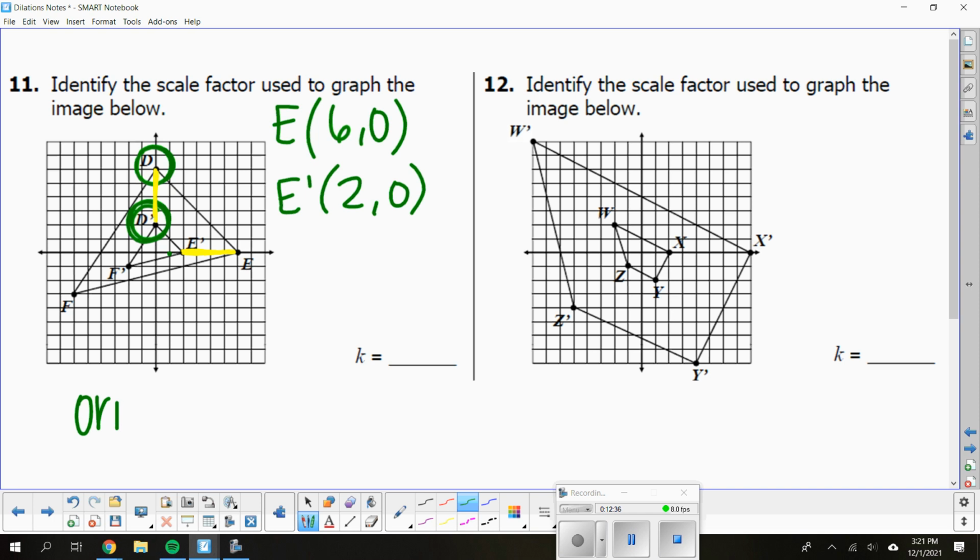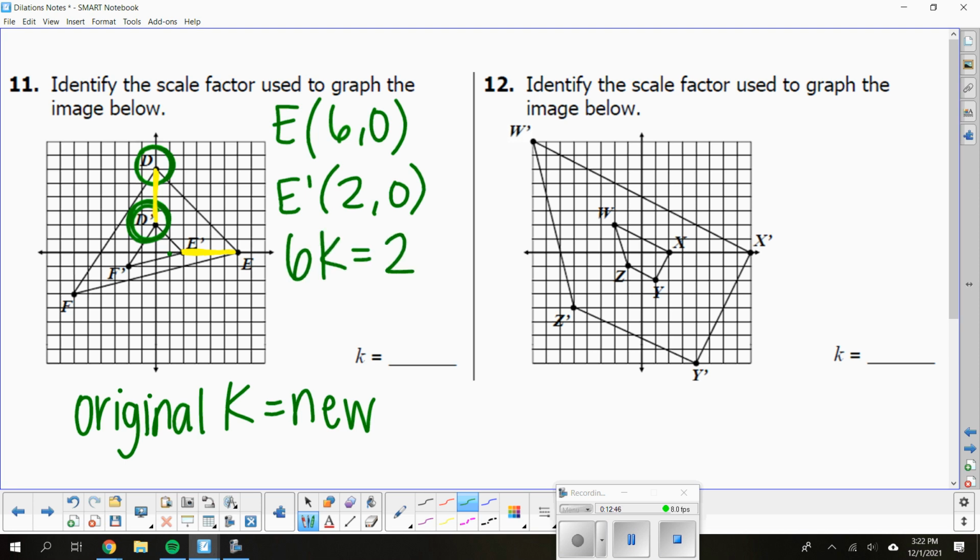So we've taken our original, multiplied by k, and we've gotten our new. So if I take our original, 6, multiplied by k, that's going to get me my new value. Divided by 6, I'm going to get 2 over 6, or better known as 1/3. And as you can tell, that original is getting smaller as you look at your image, so there should be a reduction, so it should be smaller than 1.